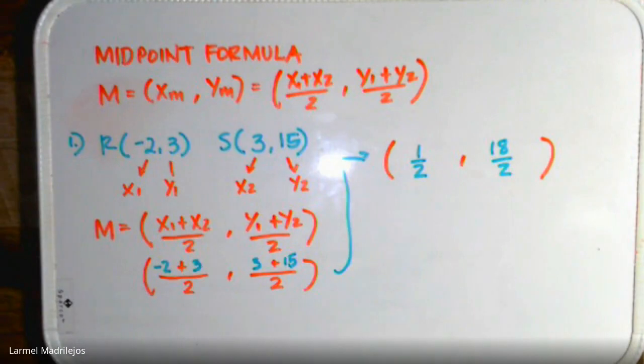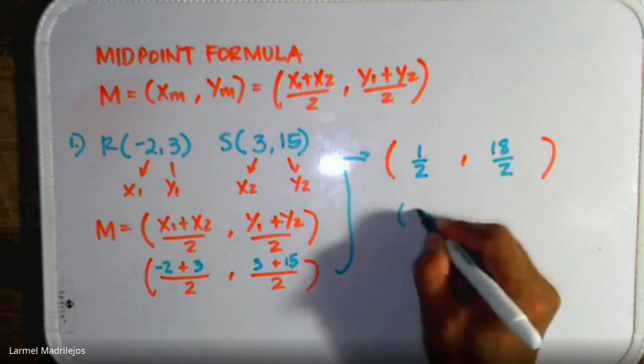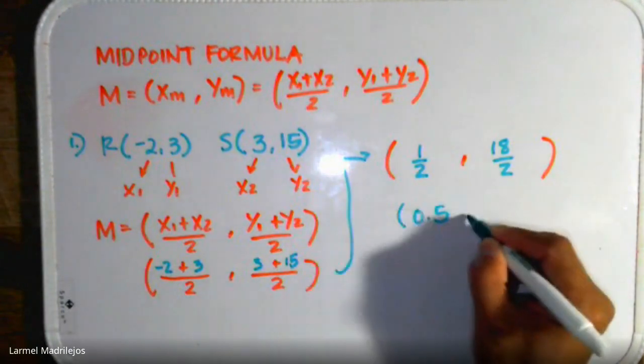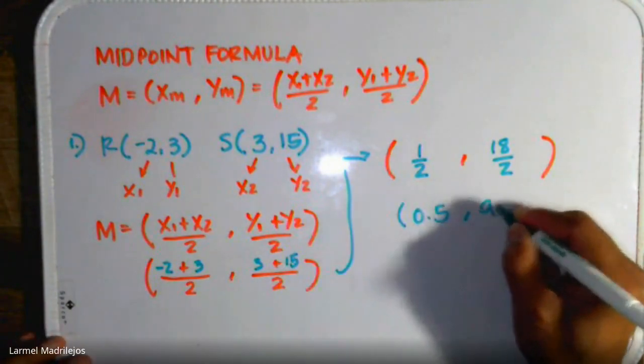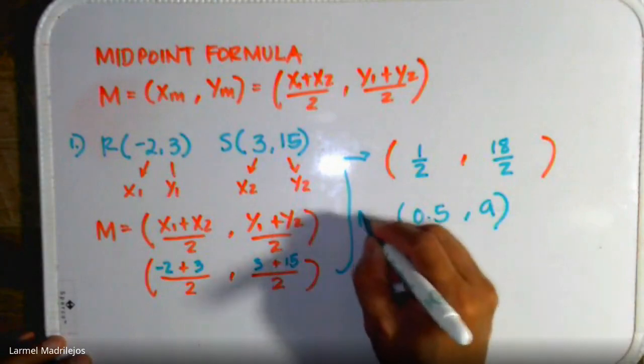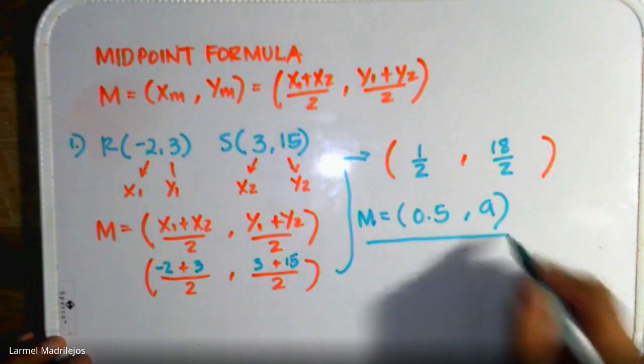Let's simplify. 1 over 2 can be written in decimal as 0.5. 18 divided by 2 is simply 9. So the midpoint of these two coordinates here is 0.5 and 9.